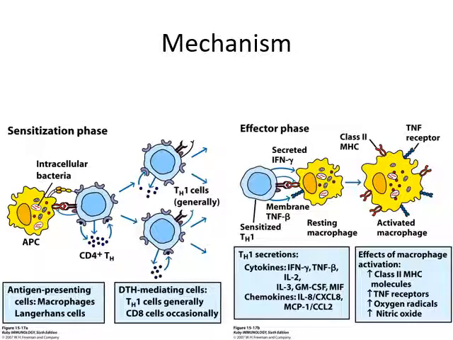What happens is that sometimes this macrophage is not able to clear the pathogen. The pathogen evades the immune mechanism, and there is a continuous attempt by immune cells to destroy this pathogen, and this will eventually lead to hypersensitivity rather than immunity.